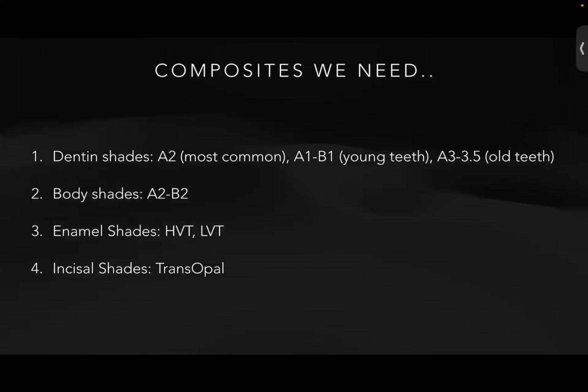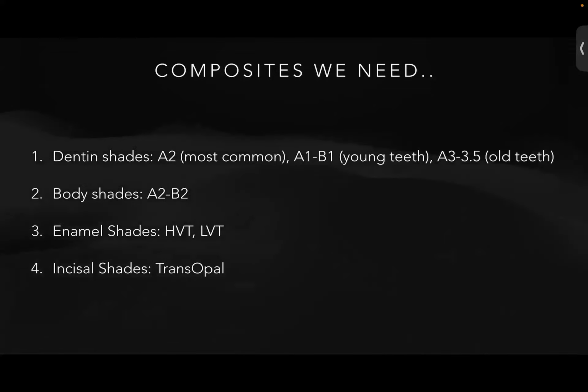A1, B1 maybe for younger teeth, and A3 or 3.5 for older teeth. Then body shade, you can go for A2, B2. The difference between dentine and body shades is that body shades is going to transmit some amount of light. We have understood this. Now, this all depends on the adjacent natural tooth. How much light is being transmitted?